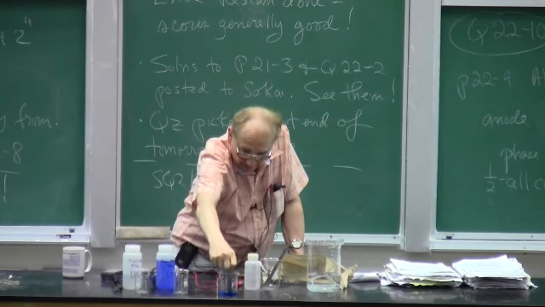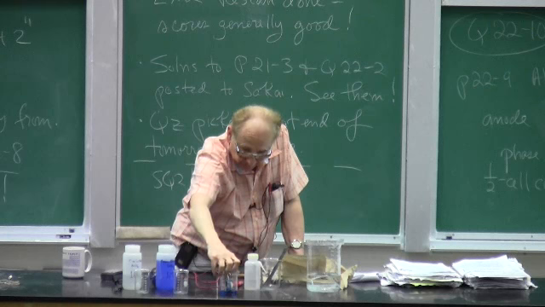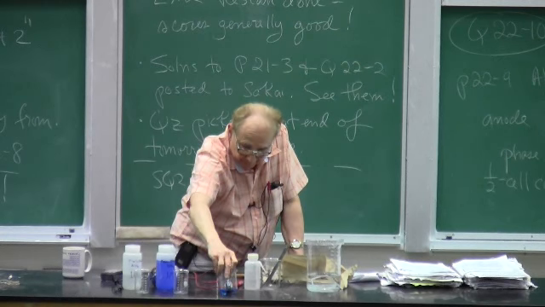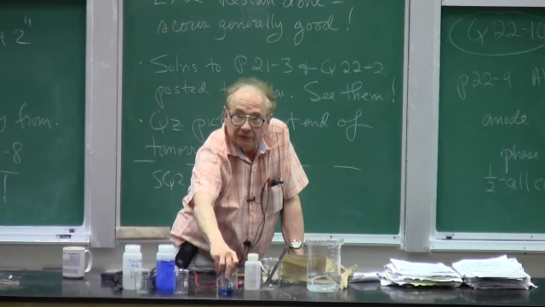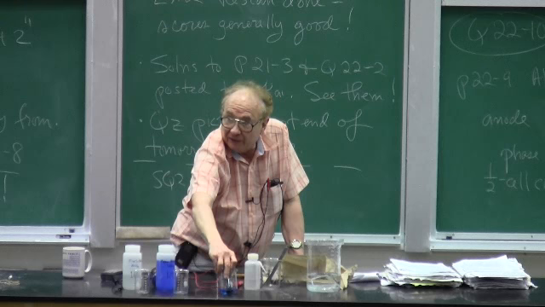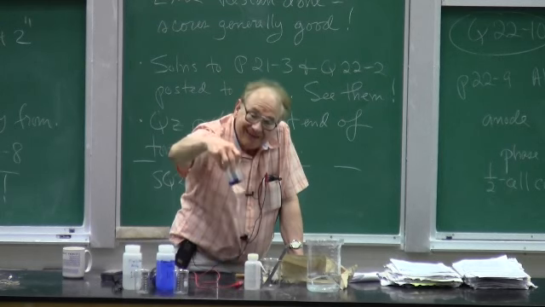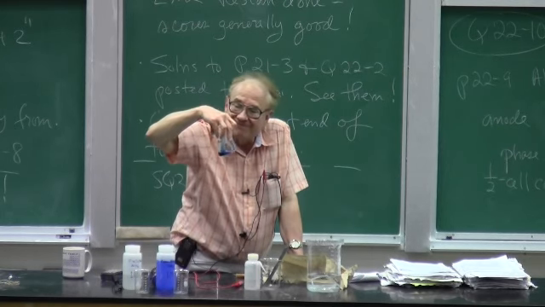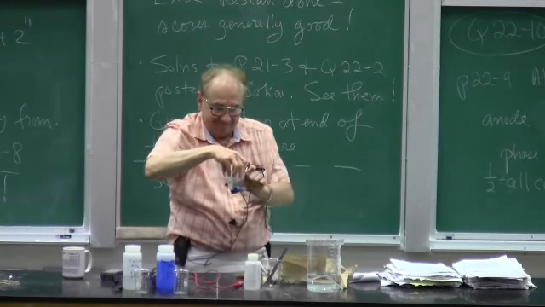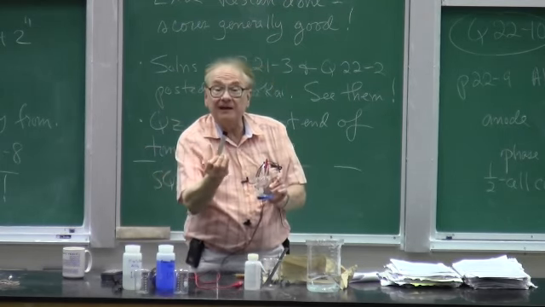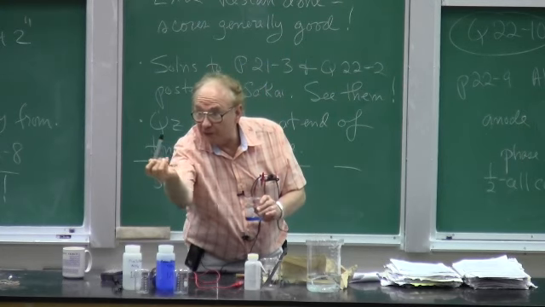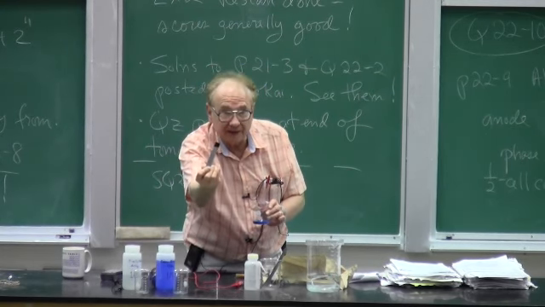I'll leave it in there a little longer, because you'll begin to see the characteristic bronzish color of copper develop. Can you see it now? The brownish, bronzish copper beginning to develop.